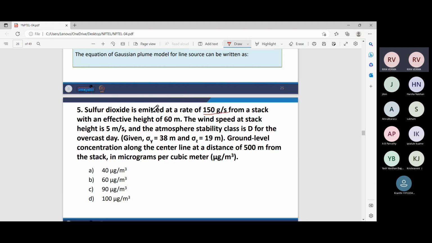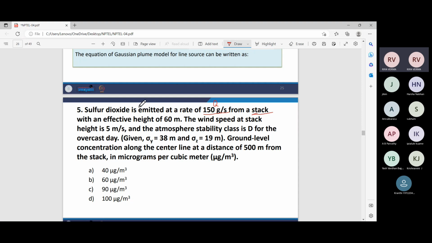Let's highlight the values that are given. It is emitted at 150 gram per second, so this will be your Q, correct? From a stack, that means it will be a point source. This is your Q.